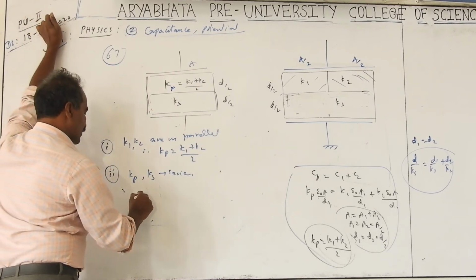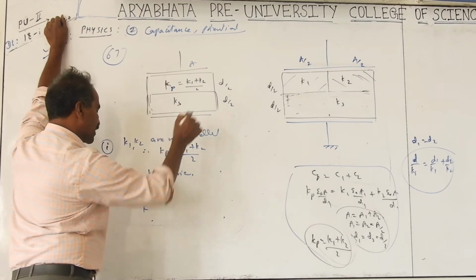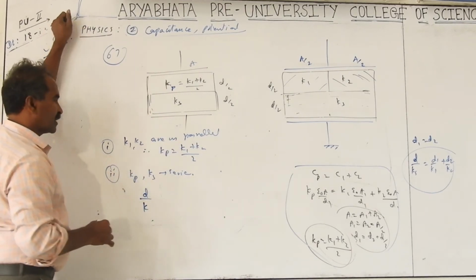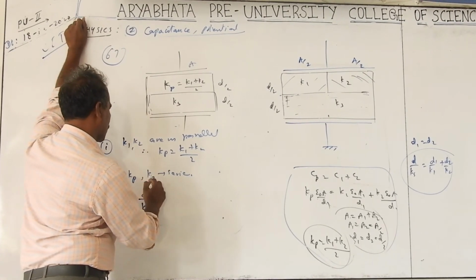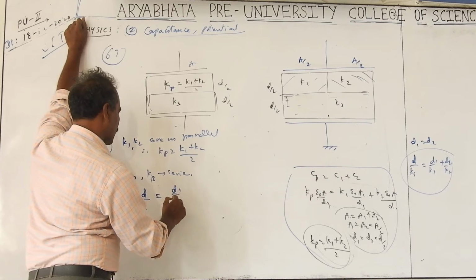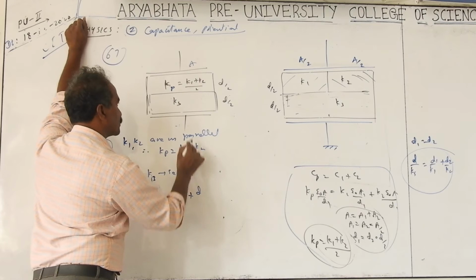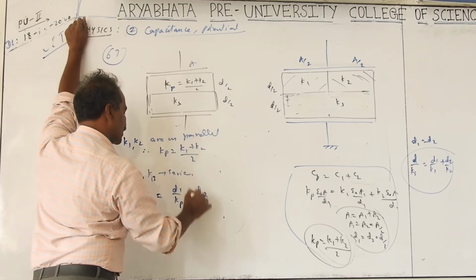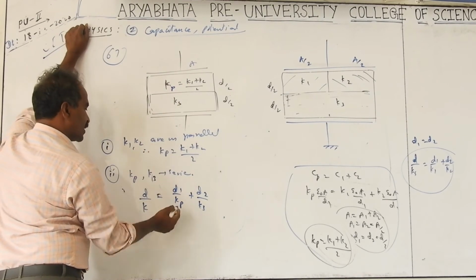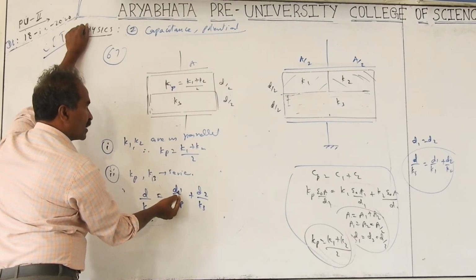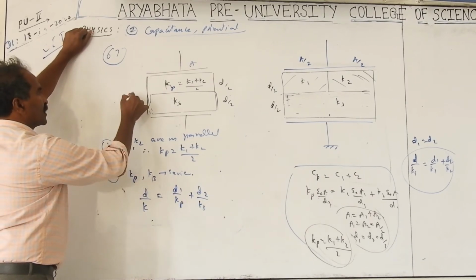D by K series means the overall resultant K is equal to D1 by K parallel plus D2 by K3. D is equal to total D only. This is going to be D1 by D by 2. This is also D by 2. So this is the total distance.